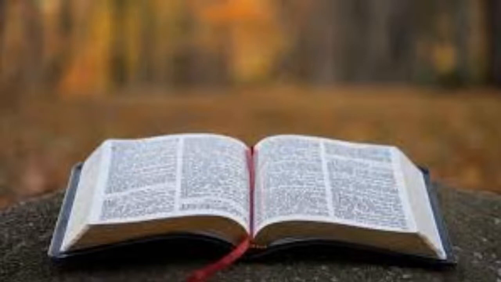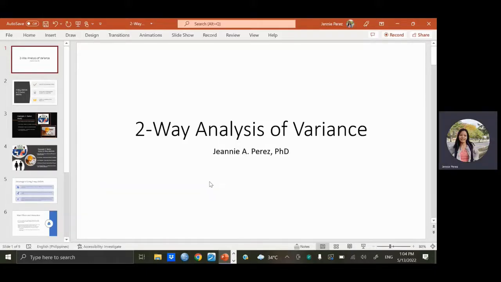Lord, help us, even the viewers of this lesson, give them understanding, and may they be reminded that you are always and ultimately the source of wisdom. And this we pray and we acknowledge through your Son, Jesus Christ, who died on the cross for our sins, was buried, and rose again on the third day. Bless us, dear Father, in Jesus' mighty name we pray. Amen.